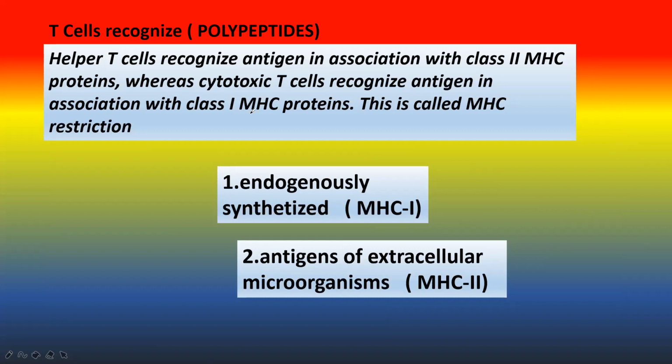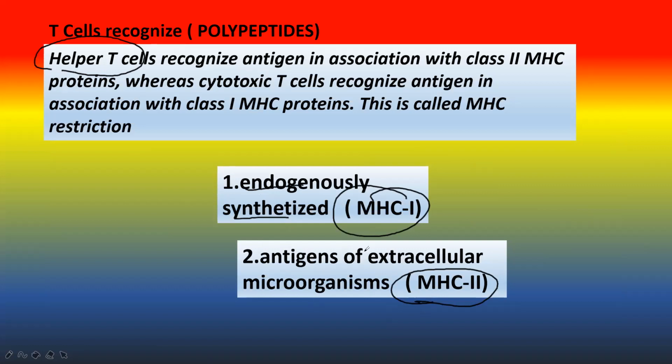How does the T cell recognize the antigen? How does the helper T cell receive antigen? There are two ways. They receive antigen by MHC1 and by MHC2. There are two pathways of antigen: some endogenously synthesized antigen and some exogenous pathway.